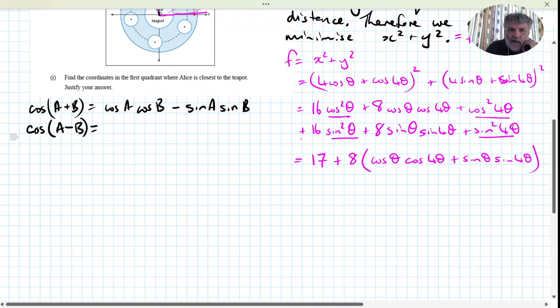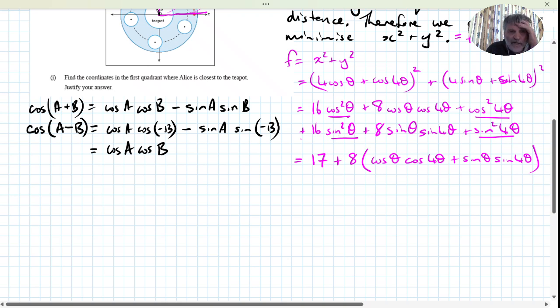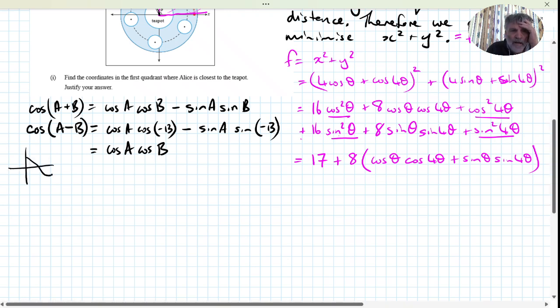Similarly, if you worked out cos A minus B, you'd get cos A cos of minus B, and then minus sine A sine of minus B. And because of the symmetry in the cosine graph and the sine graph, cos of negative B, that's just the cosine graph is a reflection in the y-axis, and just goes back the other way. Excuse my poor drawing.